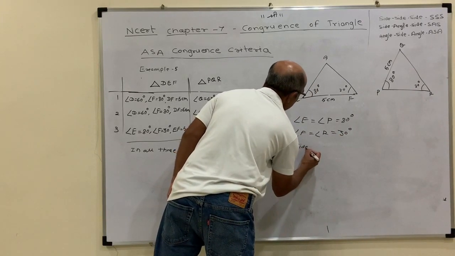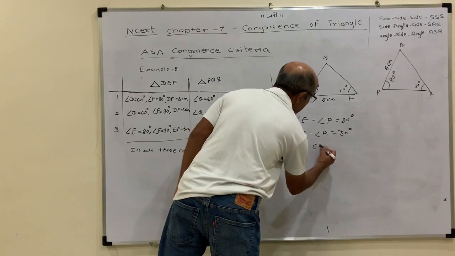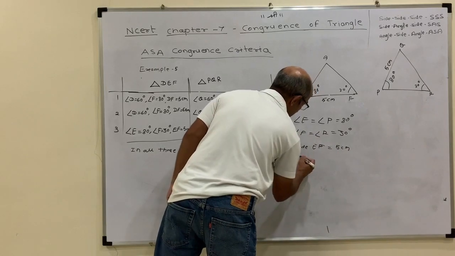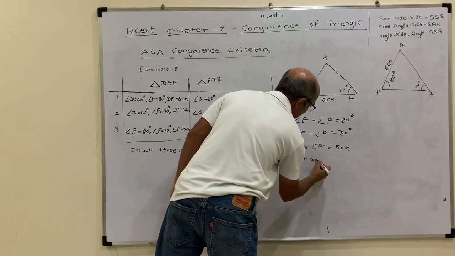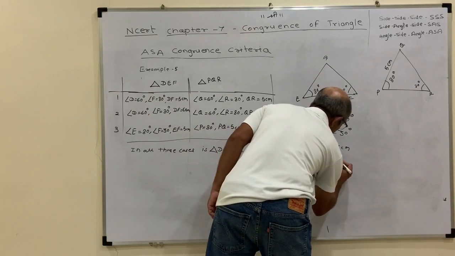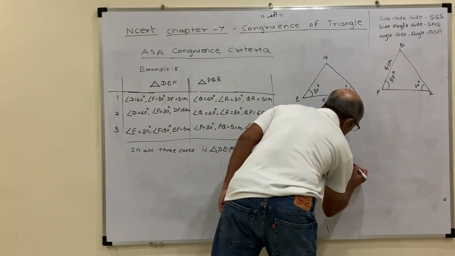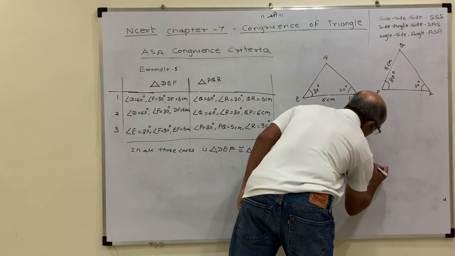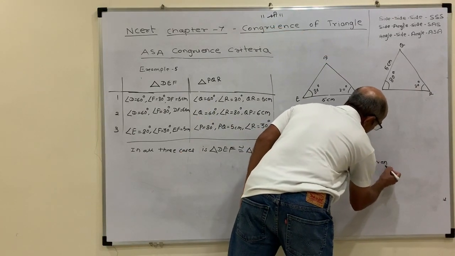Side EF is equal to 5 centimeters, but side PR is not given.